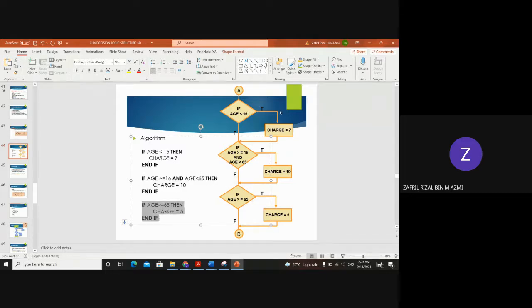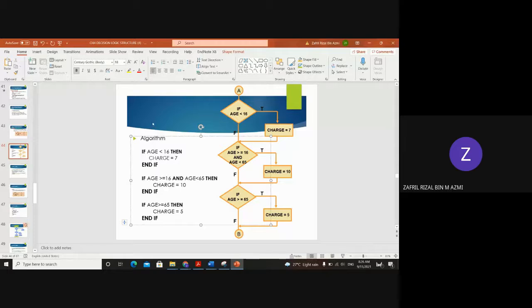That's why it rechecks all the conditions, because it treats each as a single selection, and they are combined together. Which is not good. Please don't use this unless you are forced to by the question. If the question doesn't mention which to use, go for the positive logic structure.